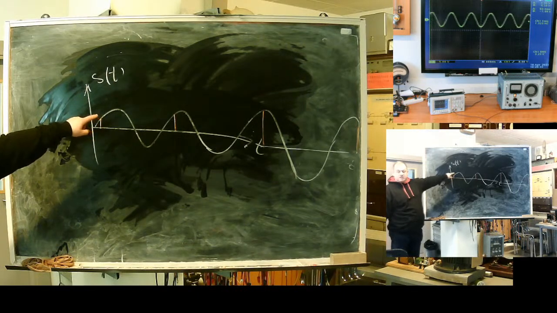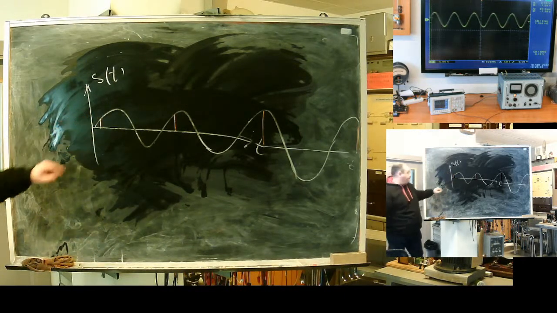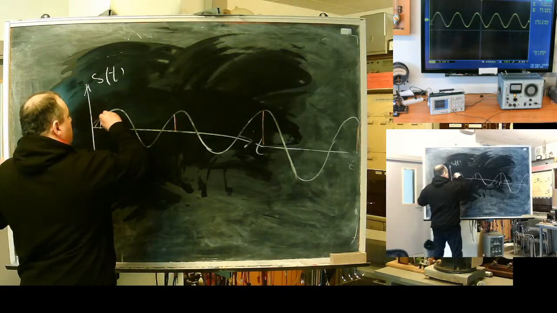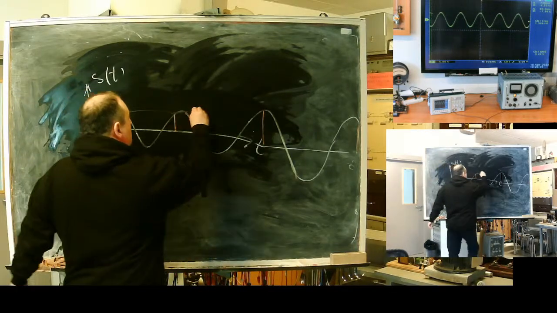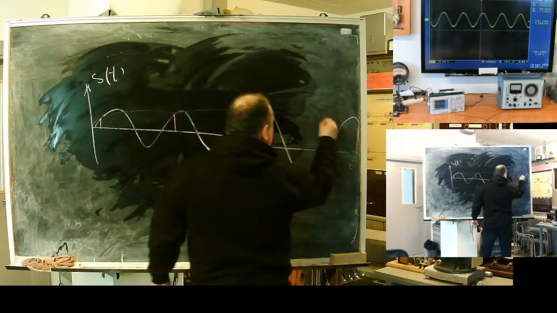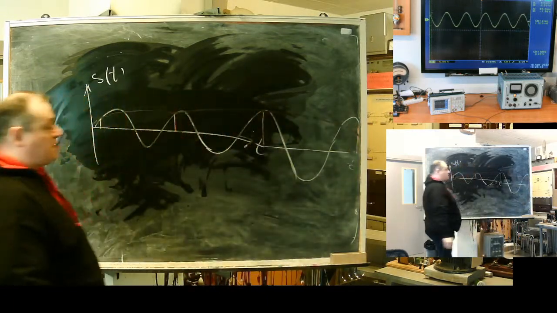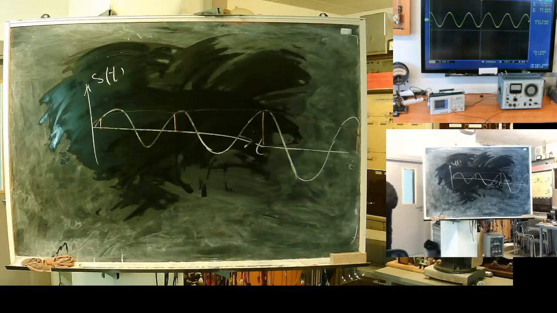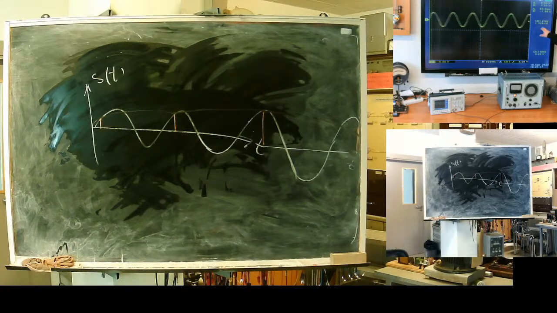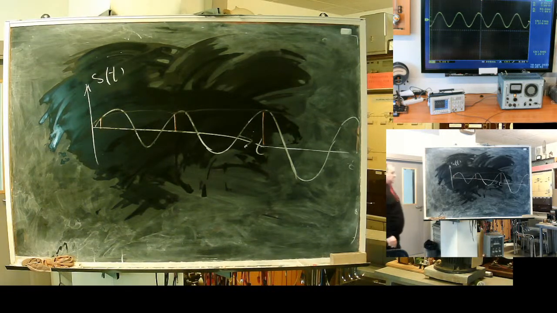It's like a stroboscopic effect. If we connect all these dots, we will see something like a very slow sine. And we see a very slow sine, 1.3 Hertz. It's an effect of aliasing.